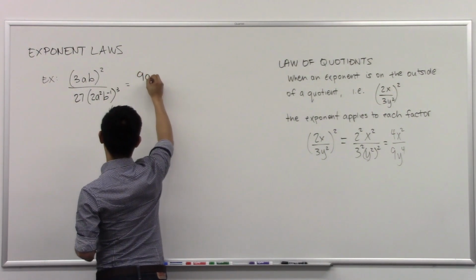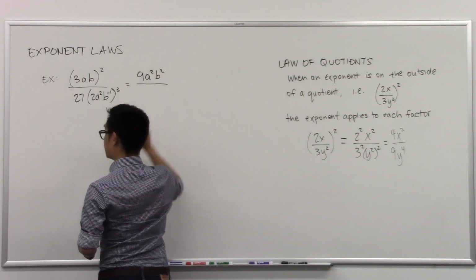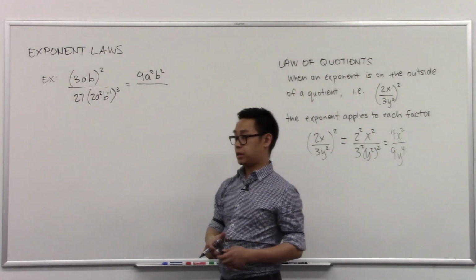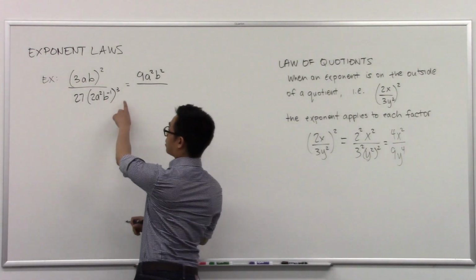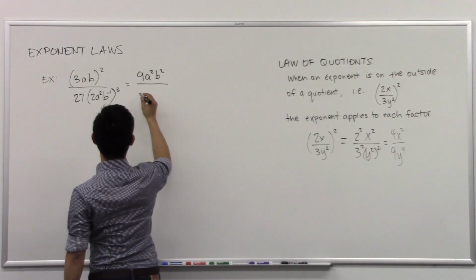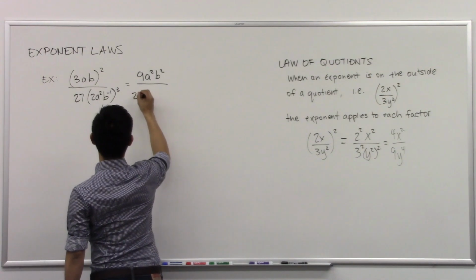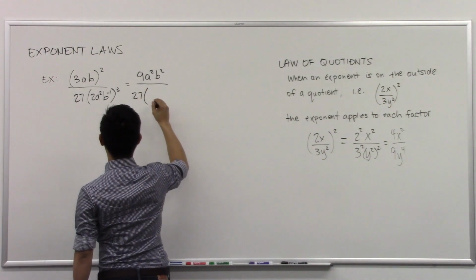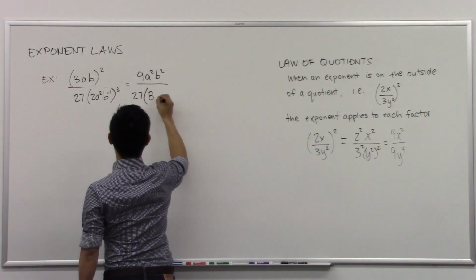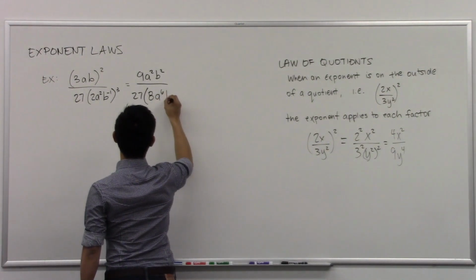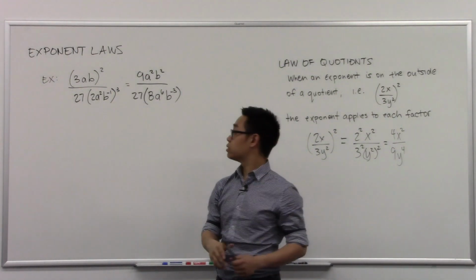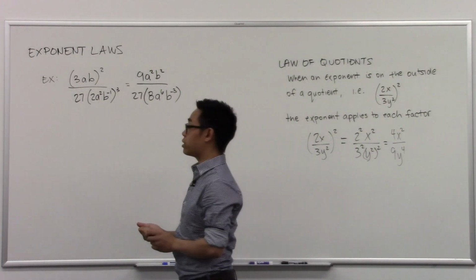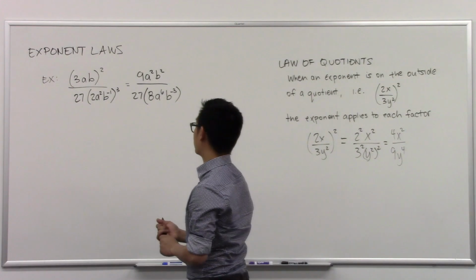This is 9a squared b squared, because 3 squared is 9. On here, do not say 6. It should be 27 times 8 a to the 6 b to the negative 3. The 3 applies to the 2, the 3 applies to the a squared, and the 3 applies to the b to the negative 1.